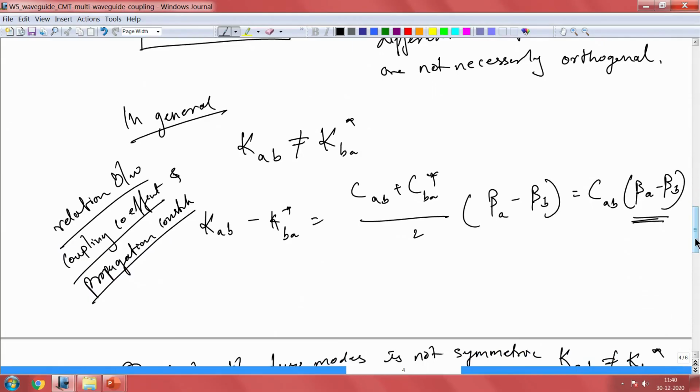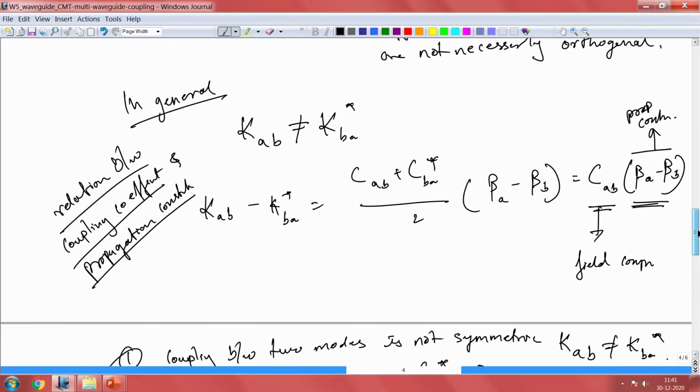Here you have the overlap, which is the field component, and this is the propagation constant. You need to understand both. It is not just the beta. One can change the propagation constant by doing interesting engineering, but the field should also overlap.